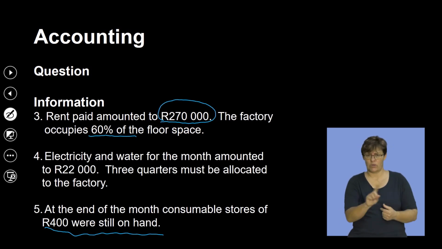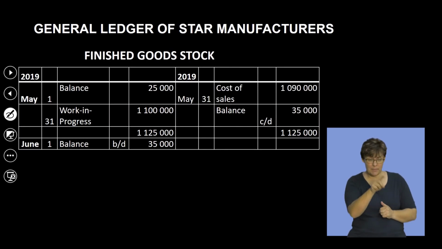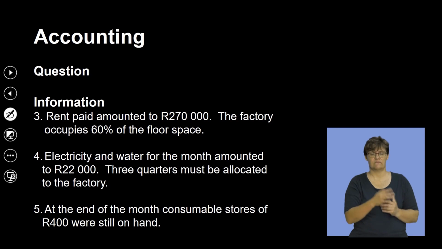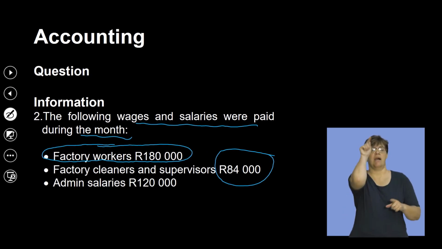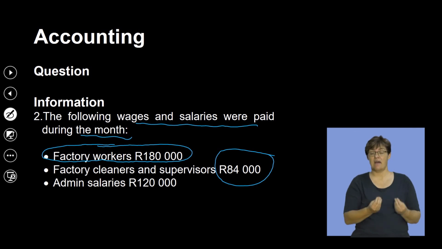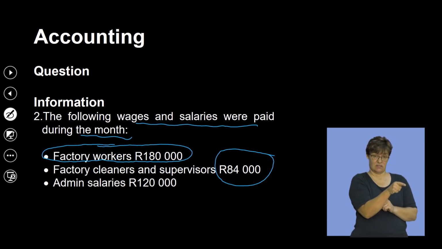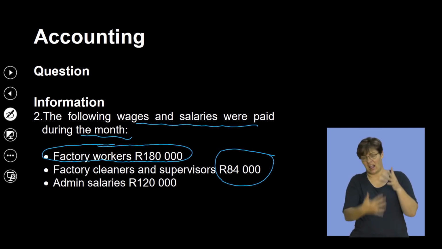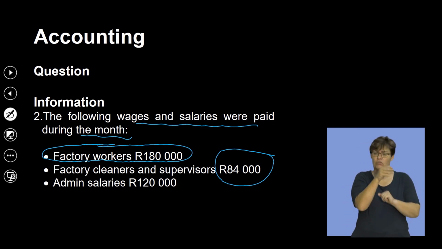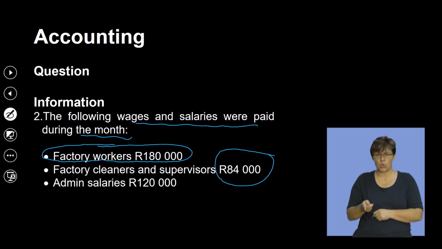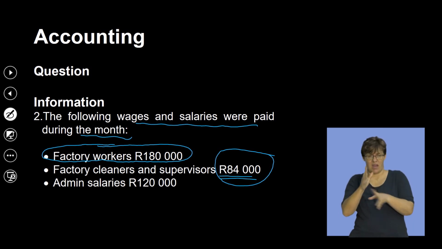Okay. What else do we know about the other workers that we had? Remember we said that, let's just find it, here we go. We had in the factory people not directly involved in the production process, however, they were working in the factory. Who were they? Your factory cleaners and your supervisors, 84,000 rand.